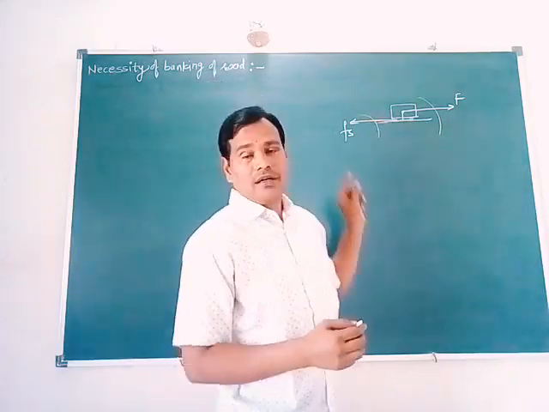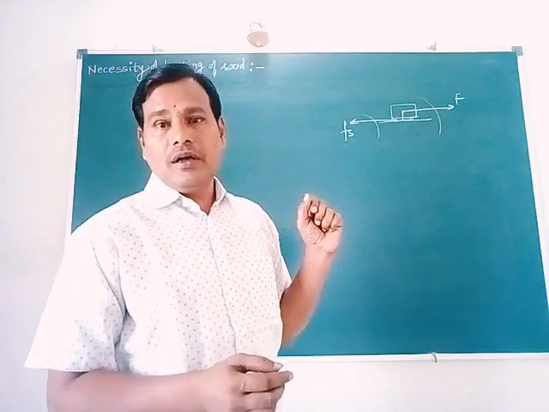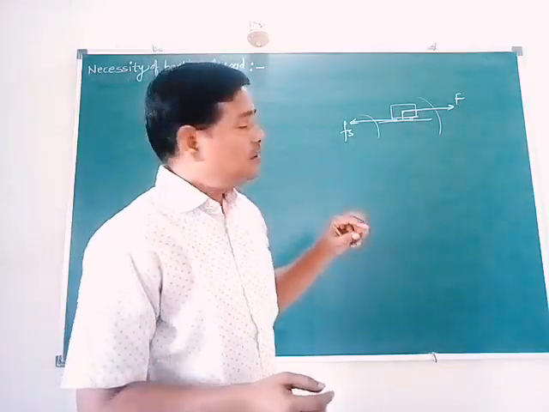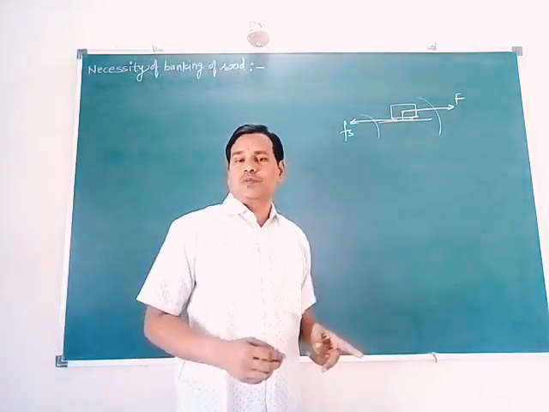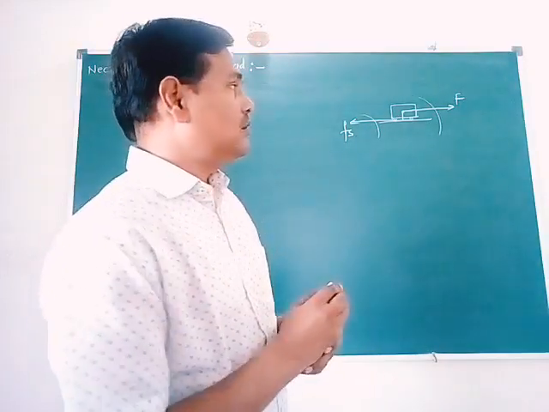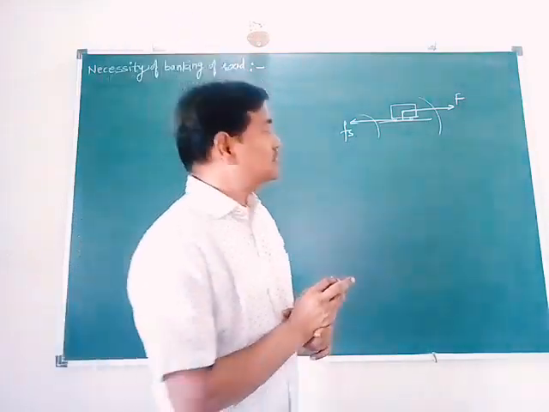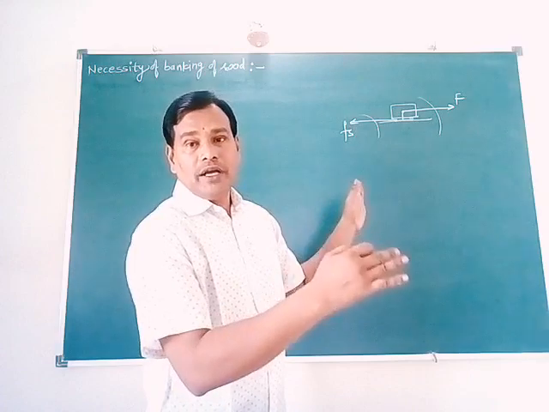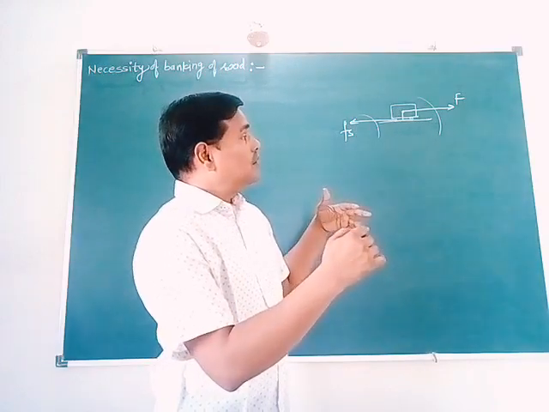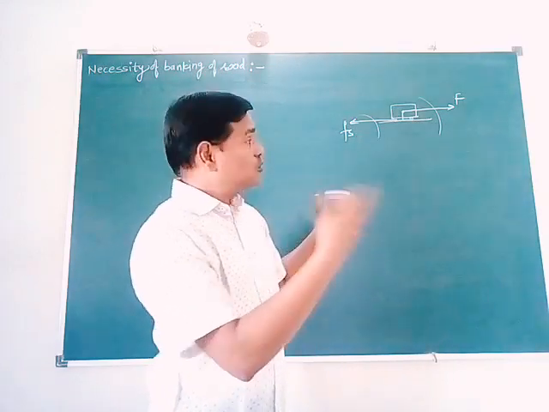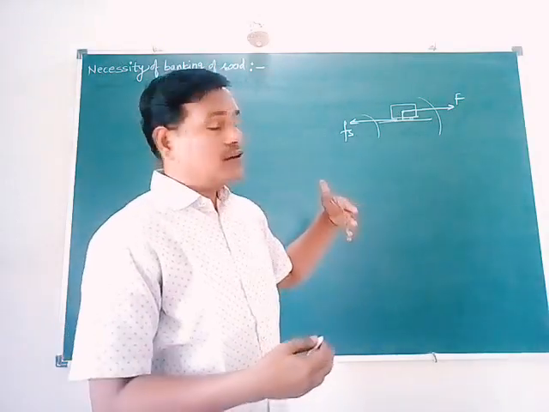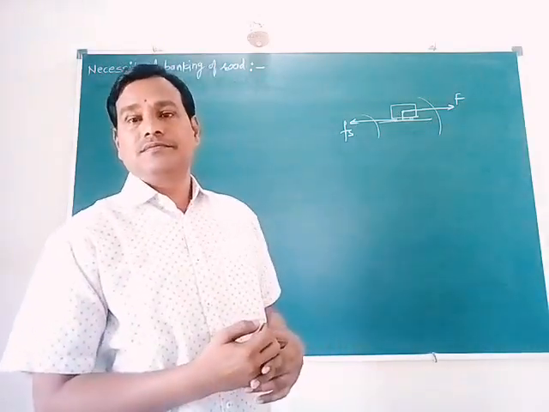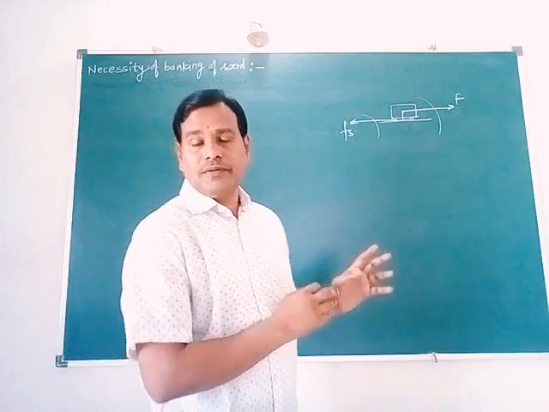This vehicle experiences a torque, and due to this torque the toppling of the vehicle takes place. Due to the action of the torque, the vehicle may fall on the surface. It is called toppling of the vehicle.